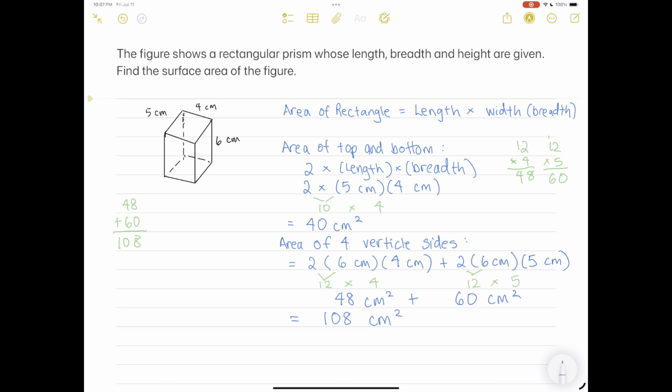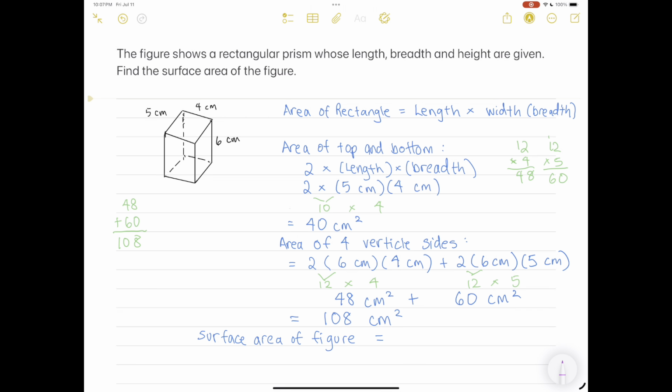So the area of the 4 vertical sides is 108 centimeters square. And now I just need to add the area of the top and bottom panels plus the area of the 4 vertical sides to get the total surface area of the figure.